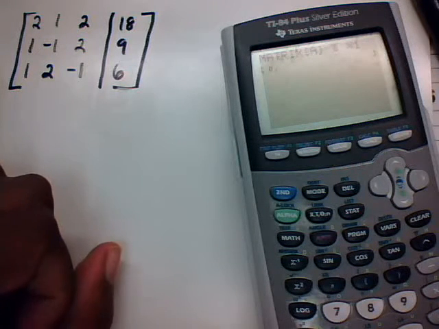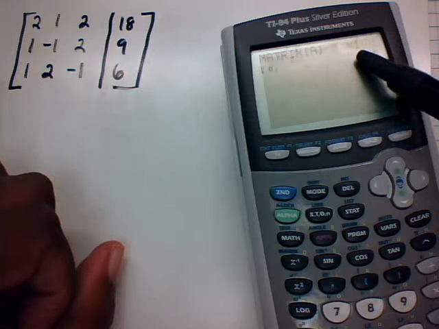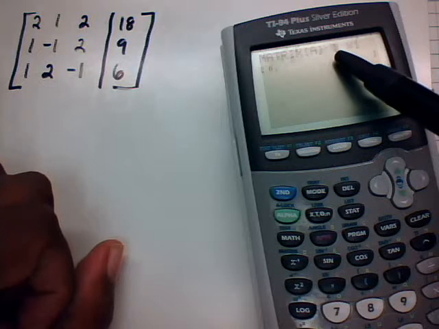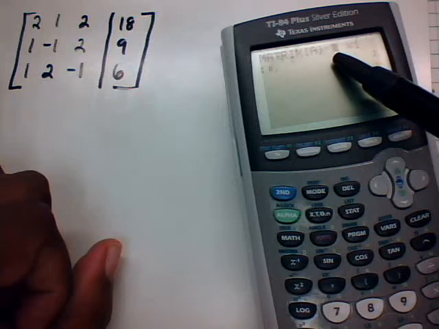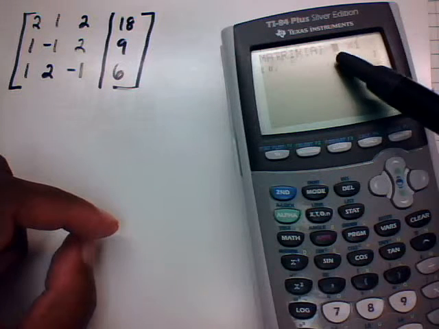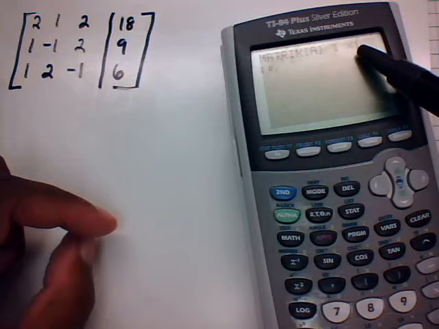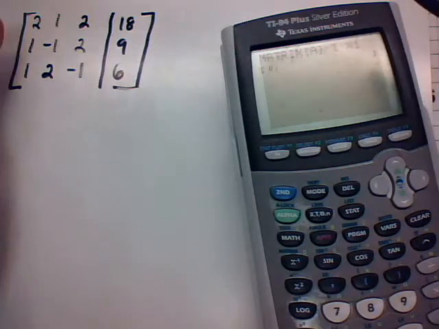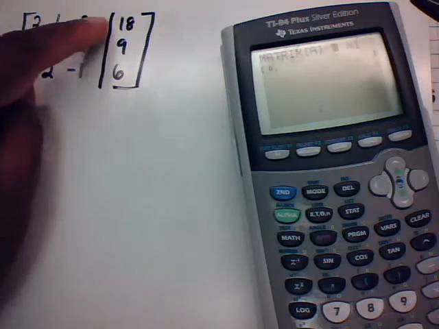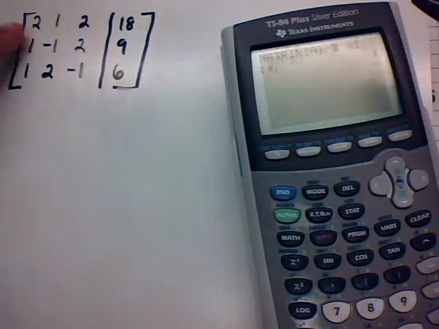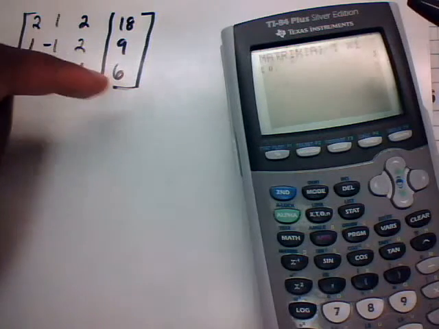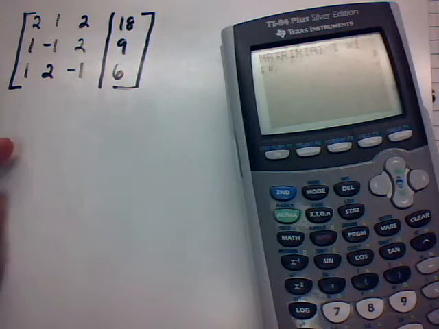Okay, now you're going to get two numbers here. The first number represents the rows in this matrix. The second number represents the number of columns. In this case, we have 3 rows, 4 columns.